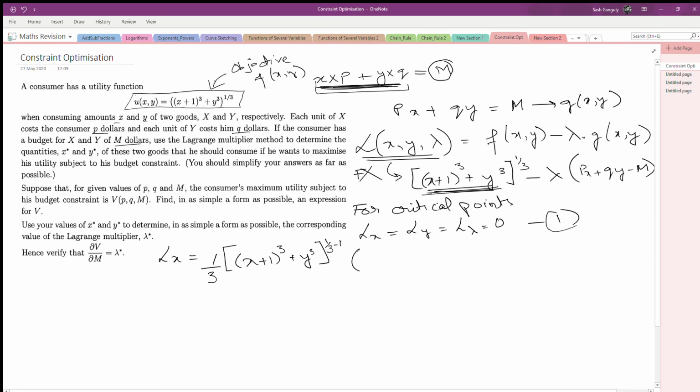The inner function will be with respect to x. I'm not concerned with y because that's a constant, that will be 0. So x will then become 3 times x plus 1 whole square, right? So that's the inner function done. The outer function is differentiated, then multiplied with the inner function. And minus then lambda times px. So the derivative of px with respect to x will be just p. So it will be minus lambda times p equal to 0, right?